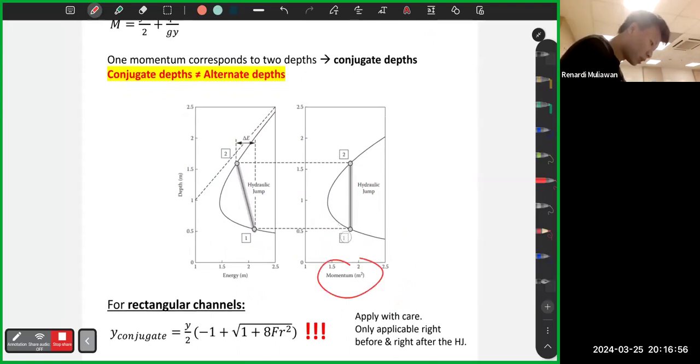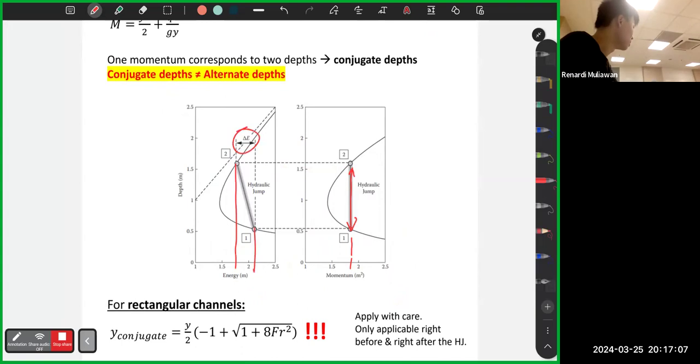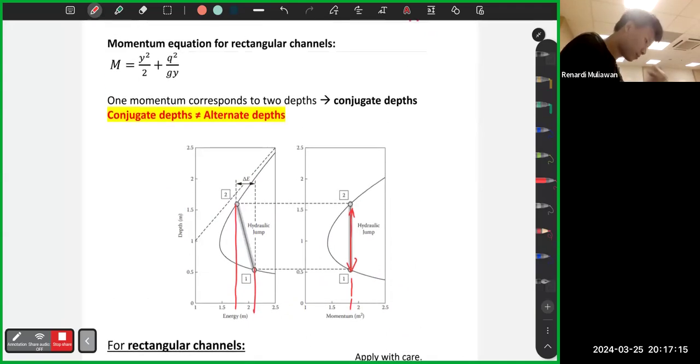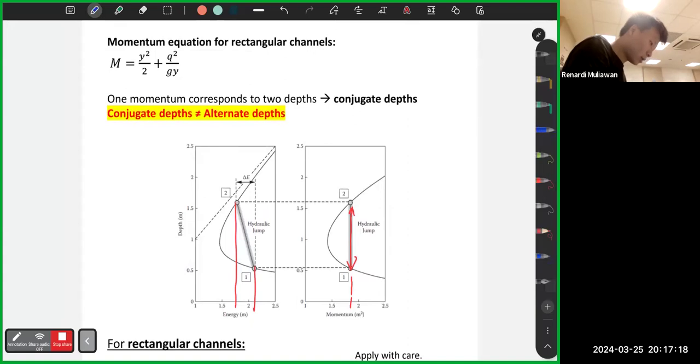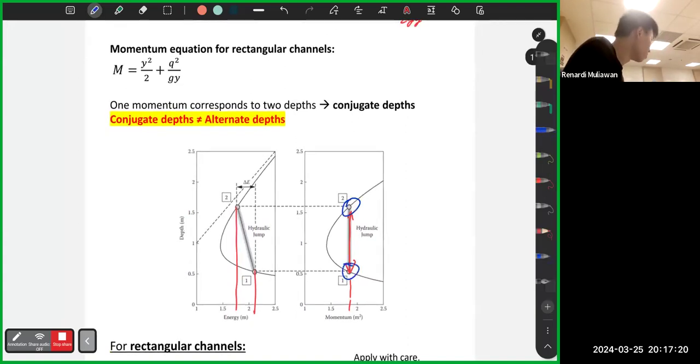Between the two depths, it has the same momentum. But if you plot it again to the energy graph, the energy is different. There's a change in energy. So two different curves, look similar but two different curves. Depths that have the same momentum are what we call conjugate depths.